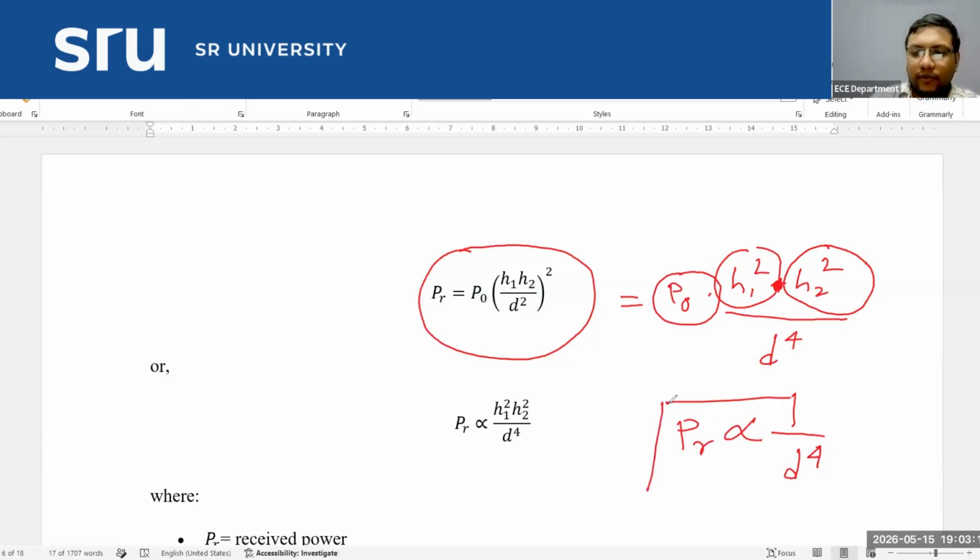This is a very important observation, that this received power is inversely proportional to d to the power 4.